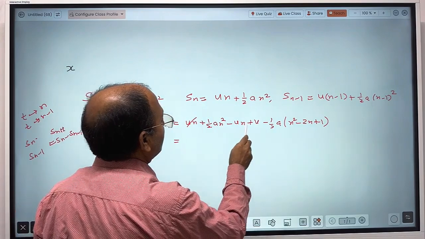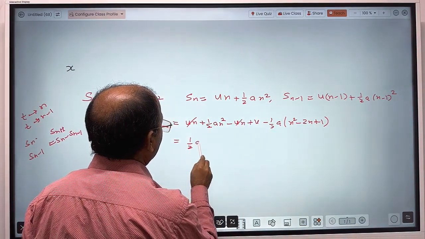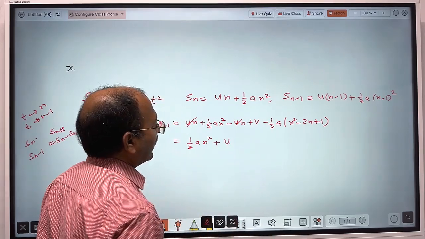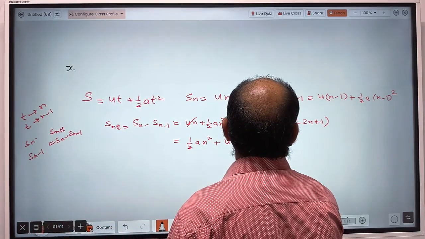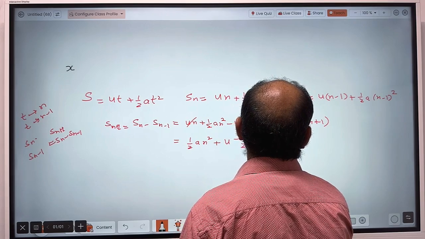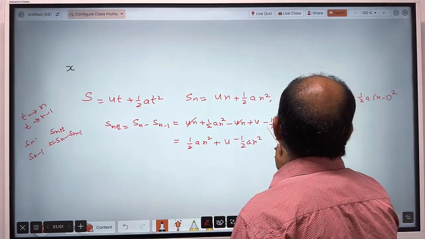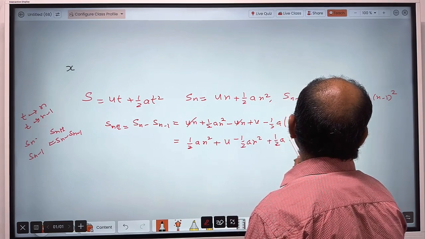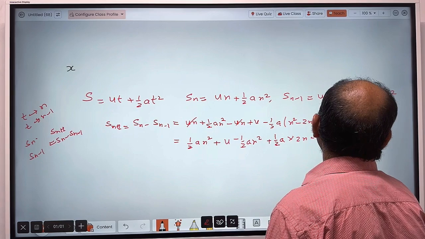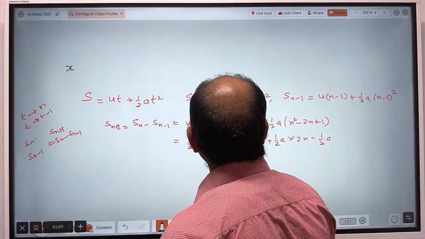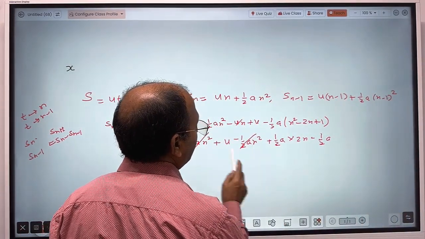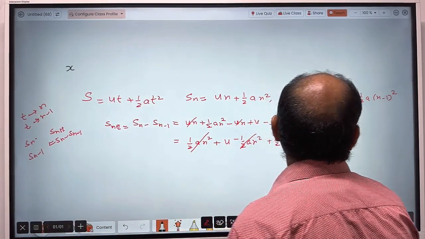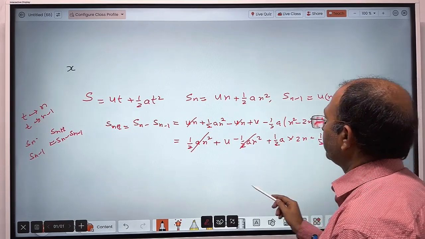So here I am cancelling this, and 1 by 2 a n square, plus this is u, that is okay. Now from here 1 by 2 a n square, then this minus sign will make it plus 1 by 2 a into 2n minus 1 by 2 a. Correct? Now these two terms will cancel out, and this will also get cancelled, 2 will get cancelled, or if you don't cancel, then what do you get?